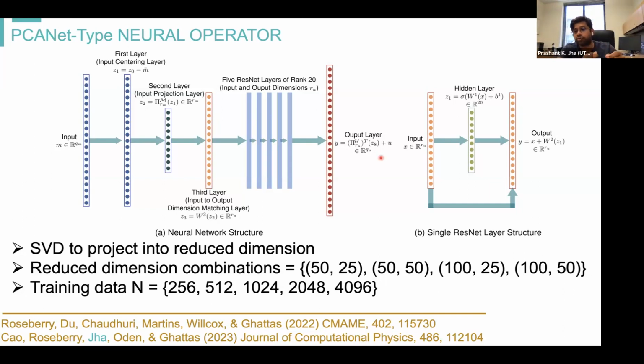Once you have those coefficients, you can reconstruct the finite element function, and then that's a function. So it's not a spatial point-wise evaluation. It's a coefficient space of a finite element to a coefficient space of output finite element, and that's the mapping.